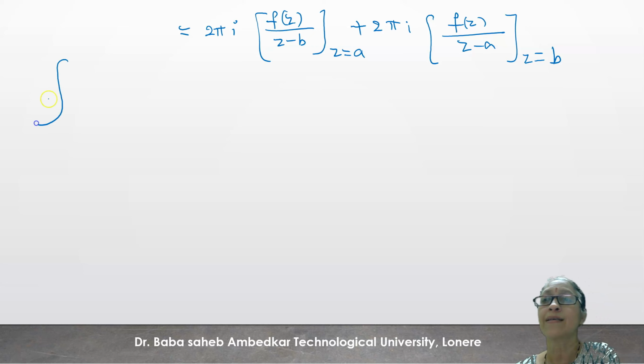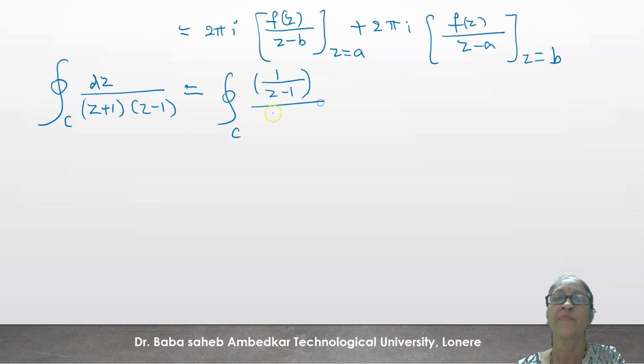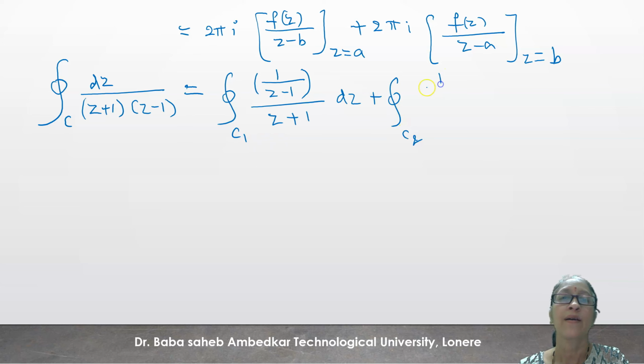So here this integral along C, dz by z minus 1 into z plus 1, can be written again as 1 by z minus 1 upon z plus 1 dz, plus 1 by z plus 1 upon z minus 1 dz.